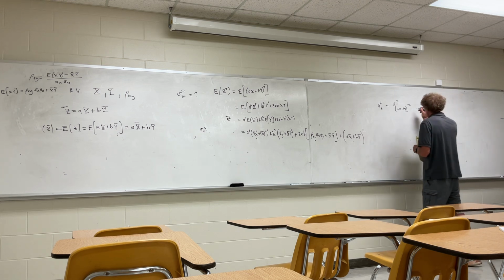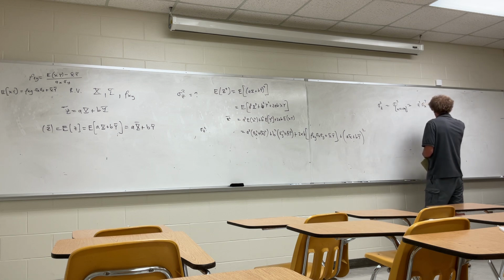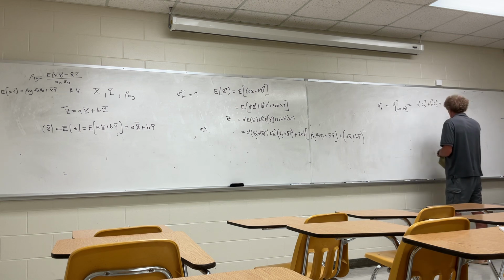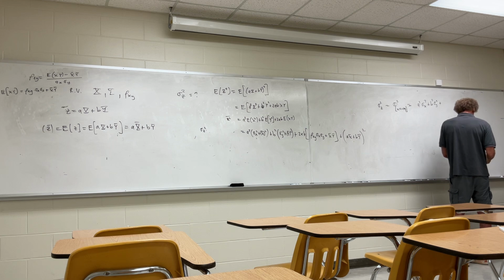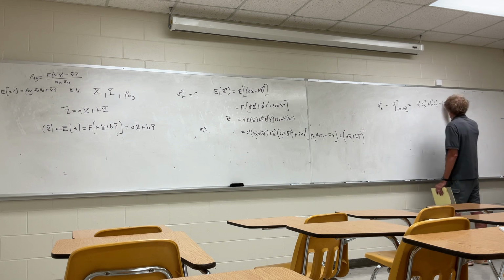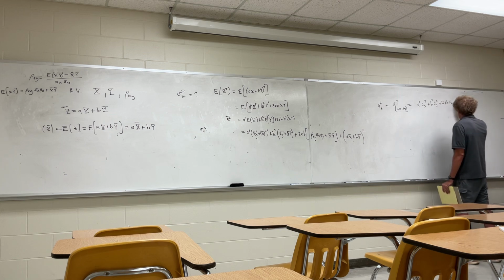And what that is equal to is going to be a squared sigma x squared plus, this is after everything, b squared sigma y squared. Then it's going to be plus 2a times b, and here it's single, it's sigma x, sigma y, but it's times rho of xy.